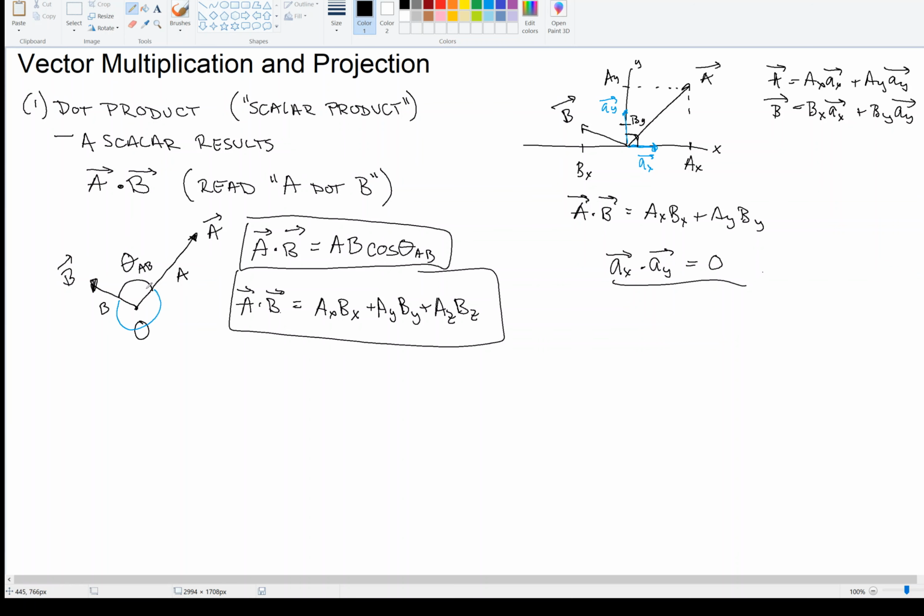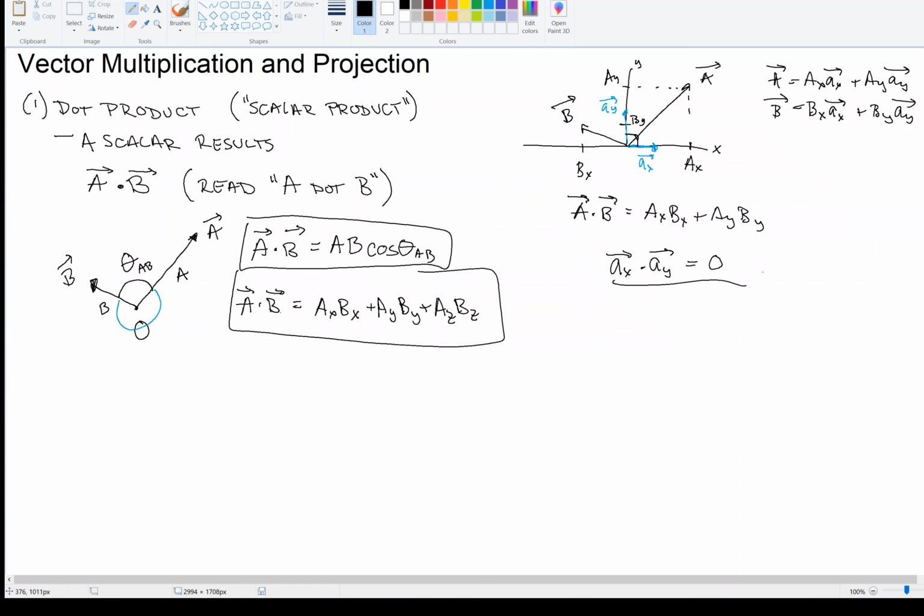So we want A and B to line up, and if they align with one another, then their dot product is the maximum. The minimum dot product is when they are anti-aligned, when they point in opposite directions. Then cosine of 180 is -1, and we have the minimum dot product. That's kind of neat.